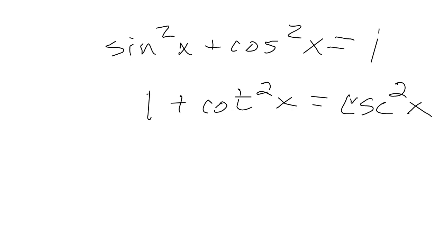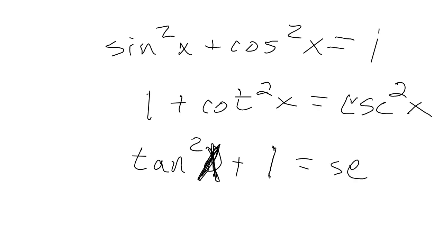If I divide everything by cosine squared x, sine over cosine is tangent, so tangent squared x plus 1 equals 1 over cosine squared, and 1 over cosine is secant, so it'd be secant squared x.